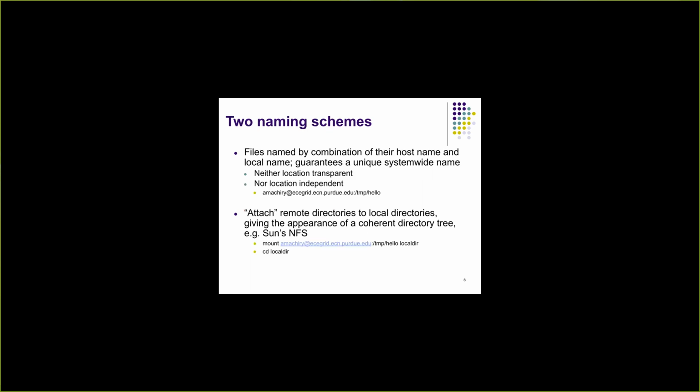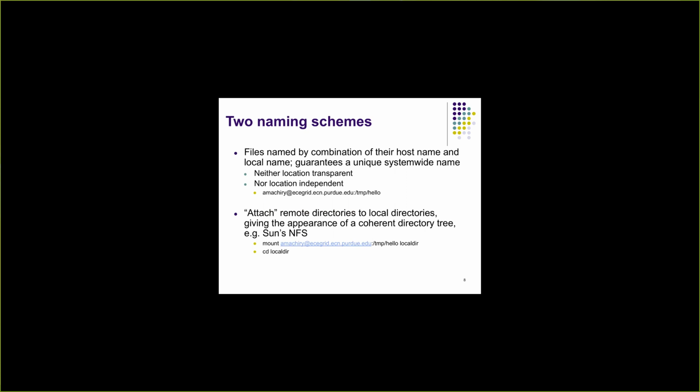So there are two common naming schemes that are used to access NFS files. The first one is using the machine name and the local path on the machine on which the file is located. Since the file is located on the server, if you want to access the file on the server, you can use the server name and the local path within that server.